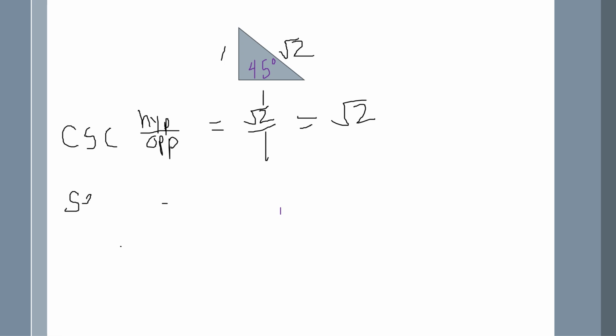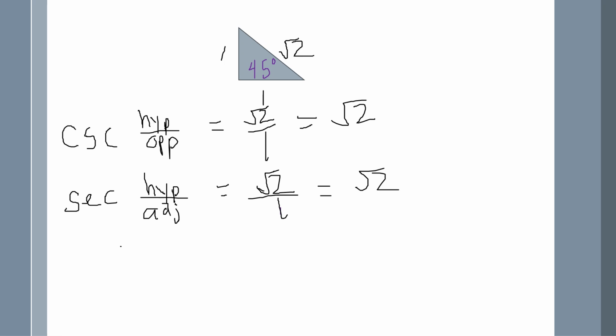Secant is the inverse of cosine. So instead of you saying adjacent over hypotenuse, you're going to say hypotenuse over adjacent, which is going to be the same thing, square root 2 over 1, which is just square root 2.